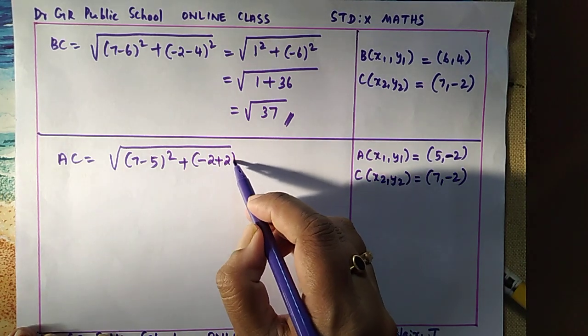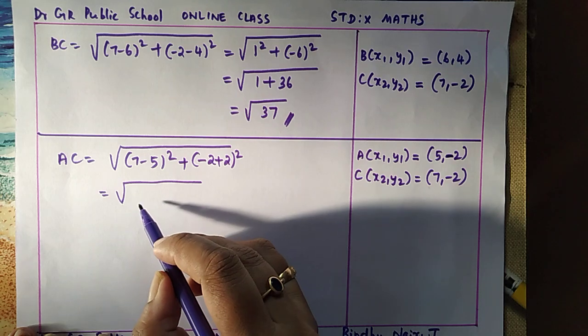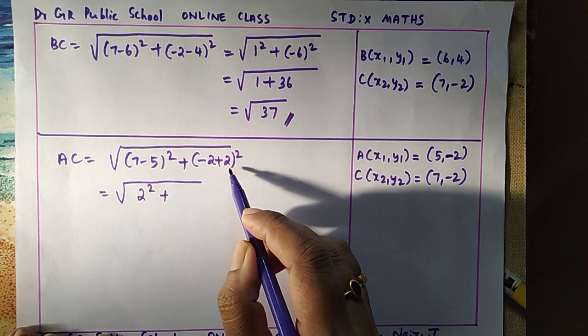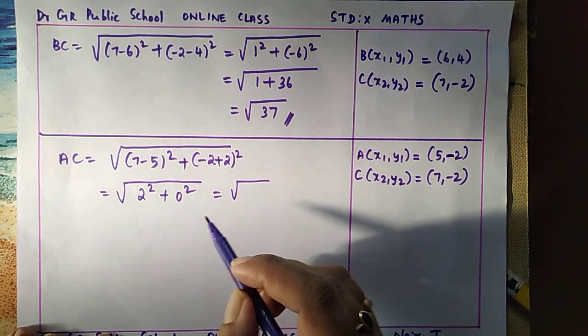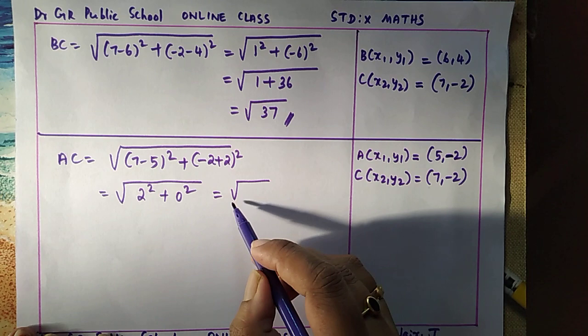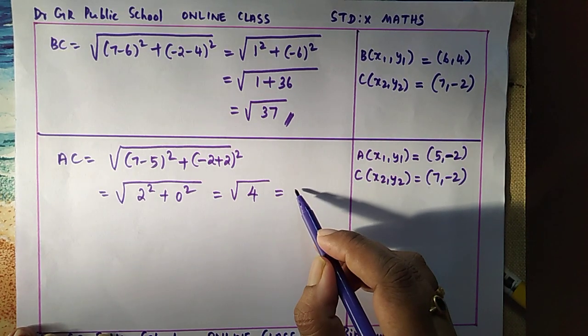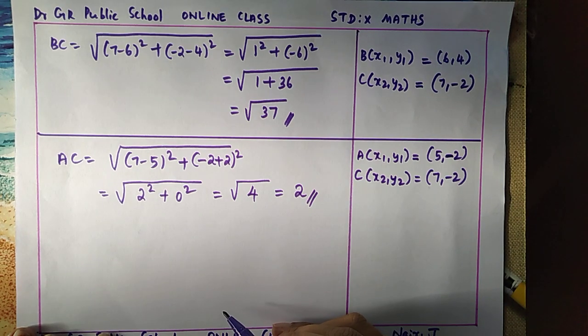Okay. The whole square. That is, what is 7 minus 5? 2. 2 square plus minus 2 plus 2 becomes 0. So take only 2 square. 2 square is 4. And you know root of 4 is 2. Square root of 4 is 2.